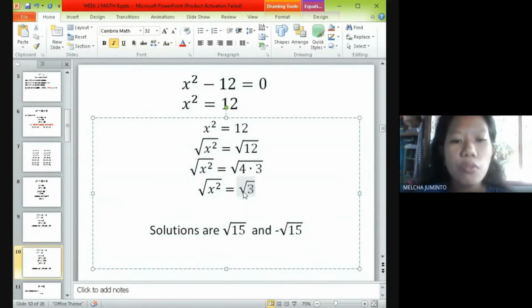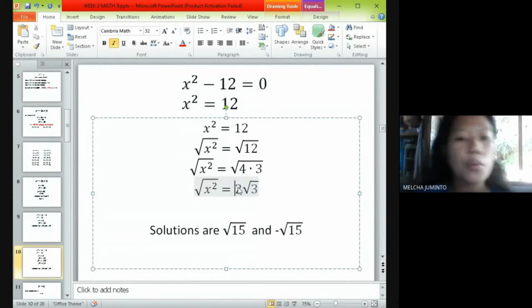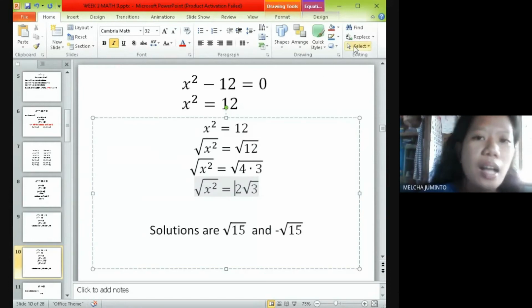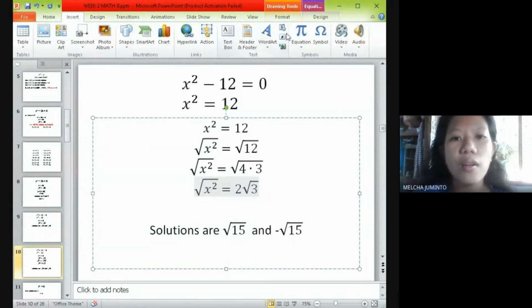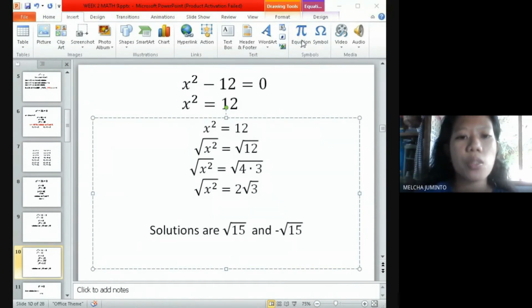What is the square root of 4? The result is 2. So as you can see, 4 was removed inside the square root and it was written outside the square root because 4 has a square root since it is a perfect square, which is equivalent to 2.